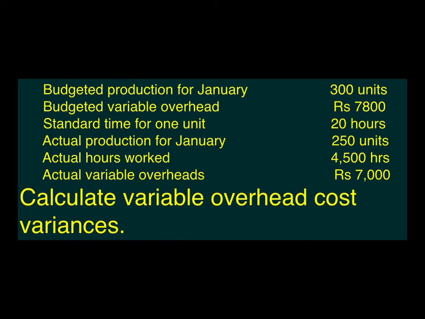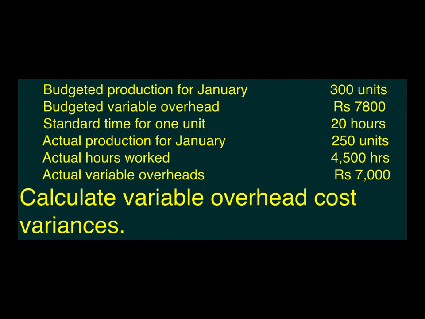So think about it. If we are producing 300 units budgeted, then what must have been the budgeted hours? 300 units multiplied by 20 hours, right? For one unit, if we need 20 hours, then for 300 units, how many hours? This is what we are doing, right?